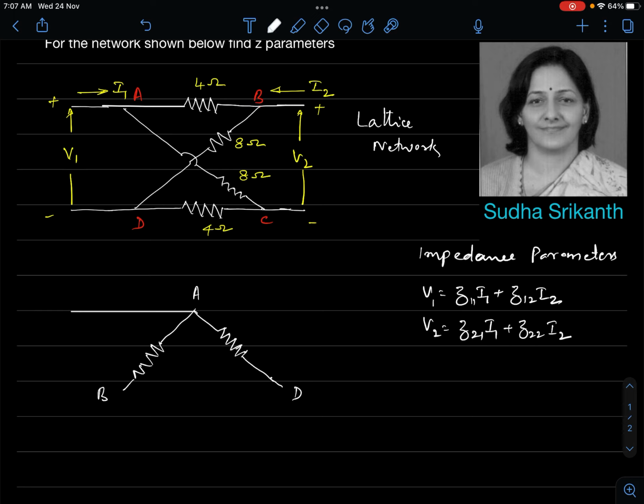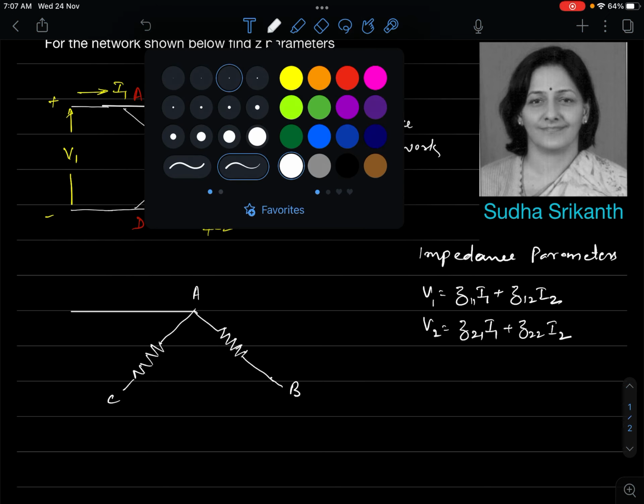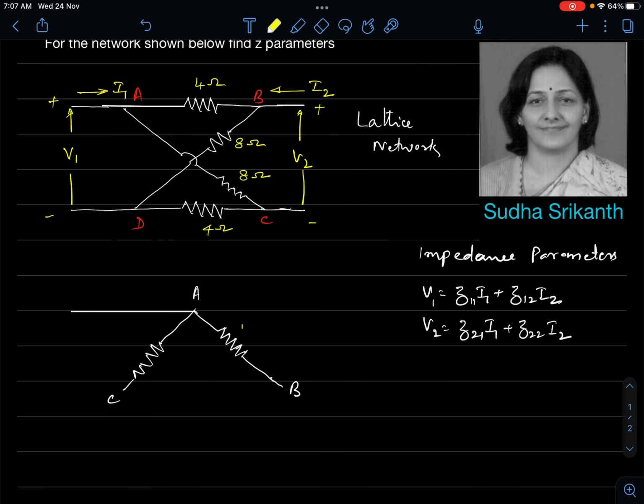I'll put the values. From A to rather C is, this is where was the error. A to B is 4 ohm, and A to C is 8 ohm. So I'll use yellow color. A to B it is 4 ohm, and A to C it's 8 ohm.